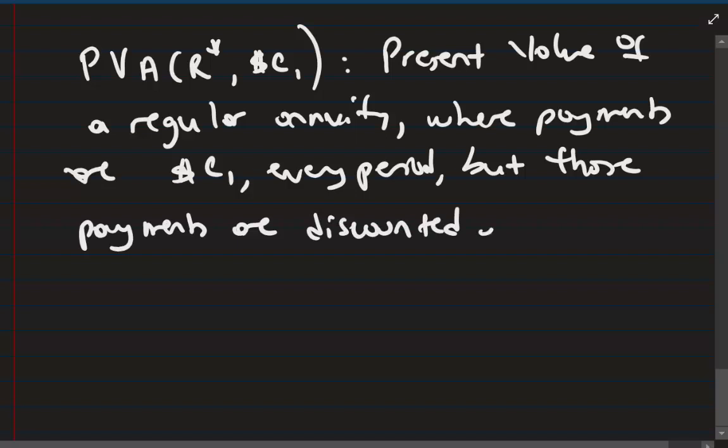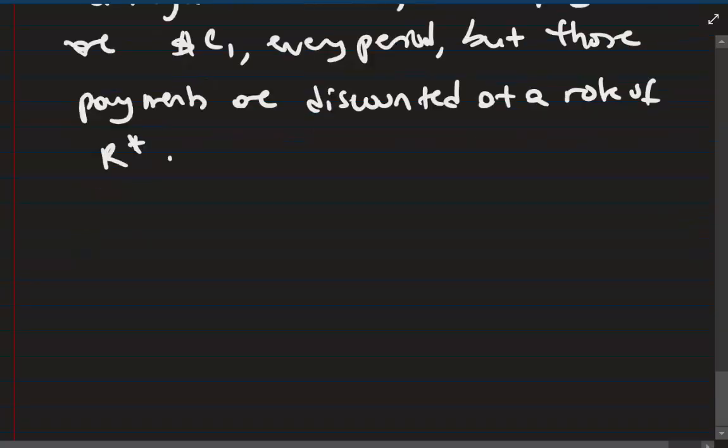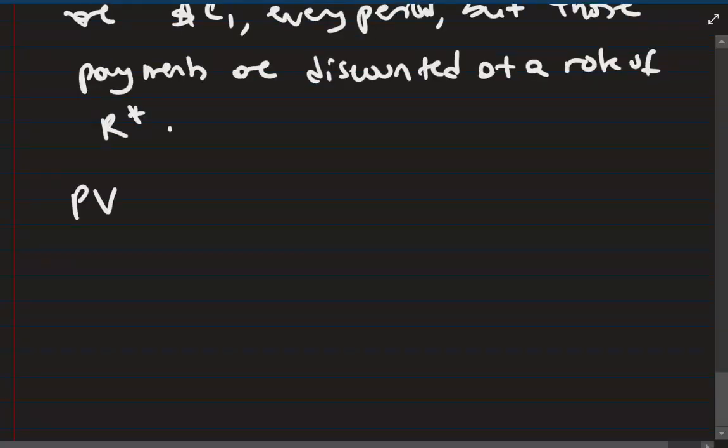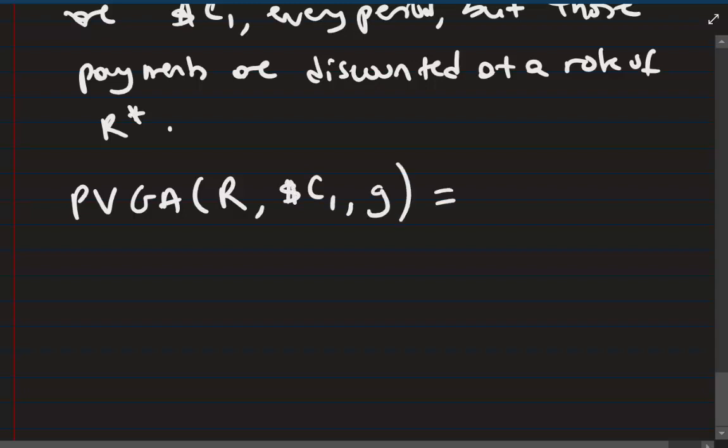Then the present value of a growing annuity, where you have R as the discount rate, the first payment is C1, and the growth rate is G, is simply equal to the present value of a regular annuity, where payments are C1 and the discount rate is R star, divided by 1 plus G. This is going to help us a lot when we make these calculations in Excel.